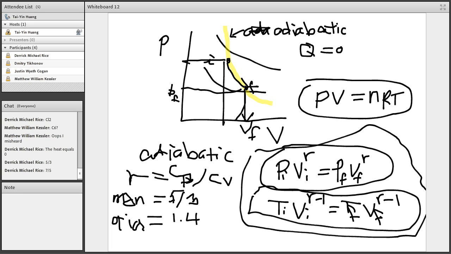The only equation you can use is still the ideal gas law, PV equals nRT. You cannot use the others, because for free expansion, these equations do not apply. So the situation is a little bit different. As you can see, the only equation that works for all processes is just PV equals nRT for an ideal gas.